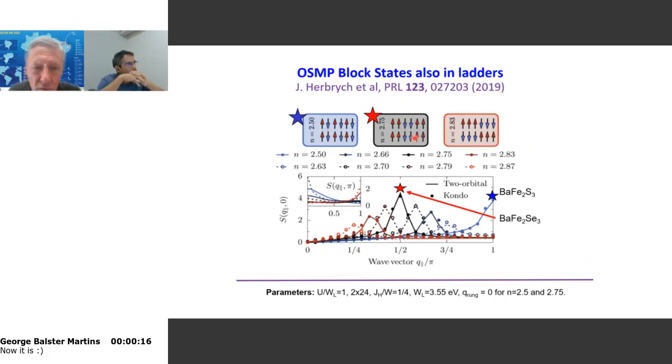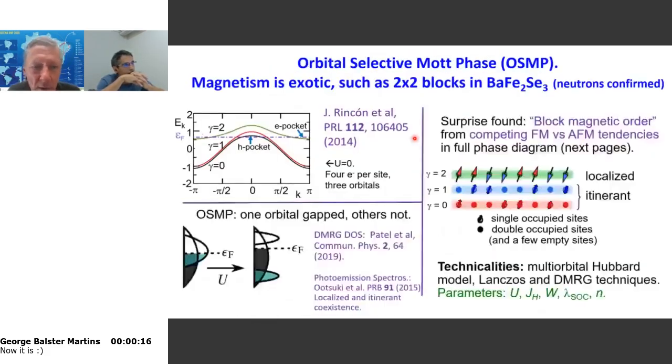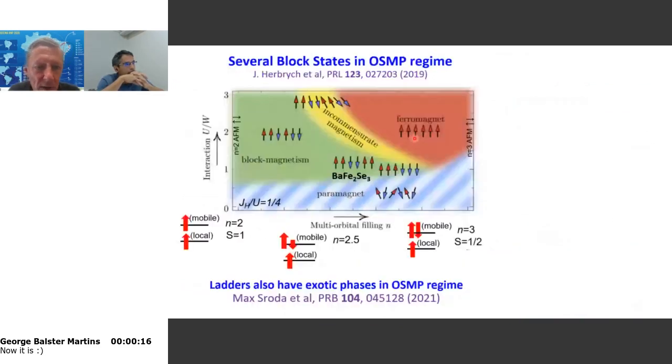Well, if I understood correctly, the question is how to rationalize why we have this type of exotic order. The way is to go into an extended parameter space and see what the competing tendencies are. We know that there is a ferro and an antiferro standard, and in principle you could jump through a first order phase transition between the two.